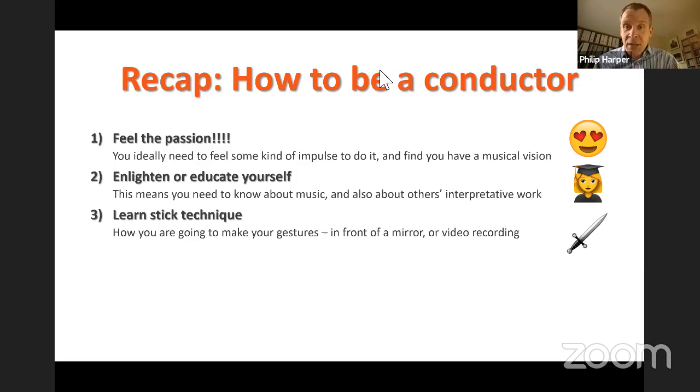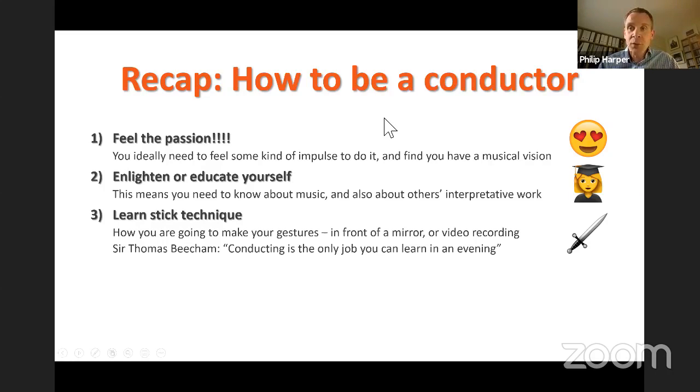Well, I'm really old, so there wasn't really such a thing as video recording when I was learning how to do this. But these days, video recording is probably even better than in front of a mirror, because of course you can rewind, you can slow motion, you can pause, all kinds of different aspects of that. But nevertheless, stick technique was the first technique that you need to learn.